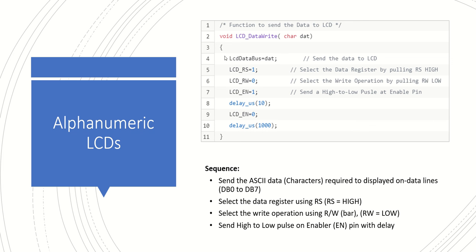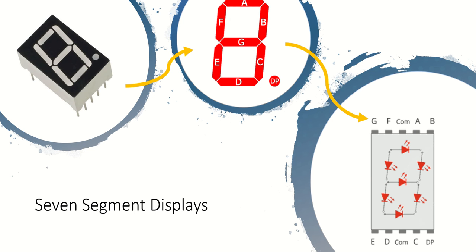You take that value onto the data bus, and set the three signals: RS line, then read/write bar to 0, RS will be 1 to select the data register, then read/write bar for the write operation, and a high to low transition on enable to send the data. This way you can send data to the LCD, which will be displayed on the LCD.